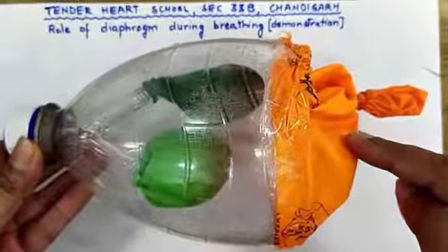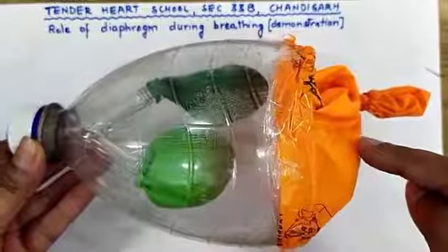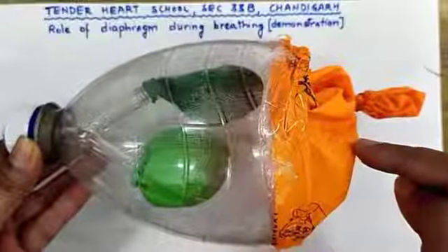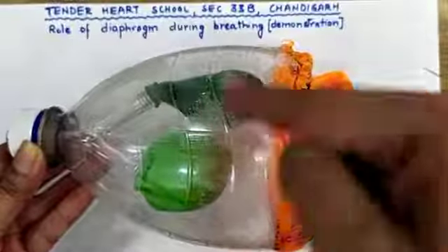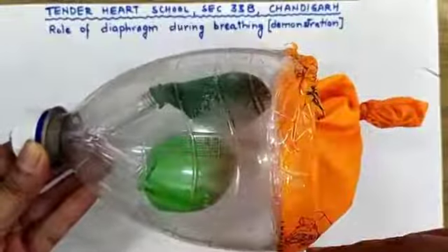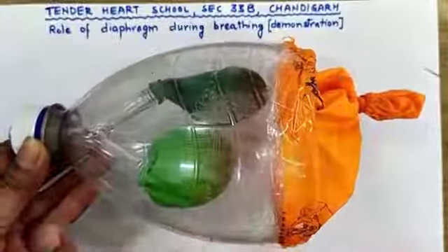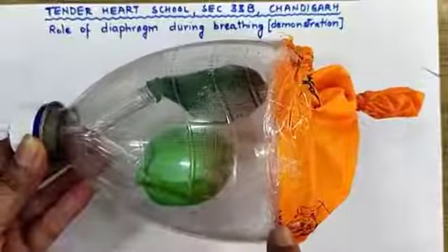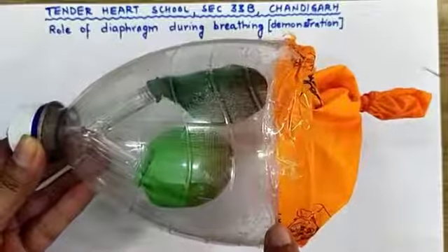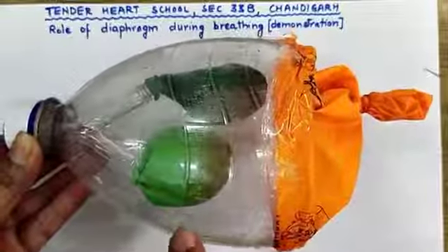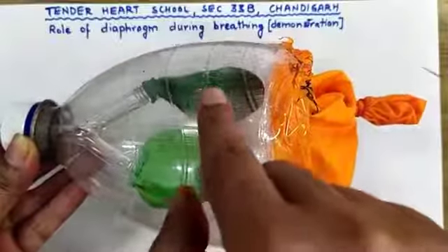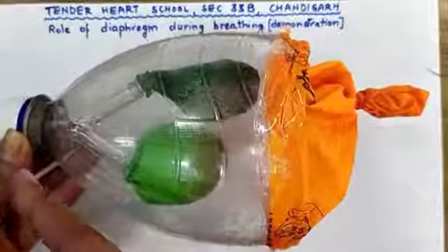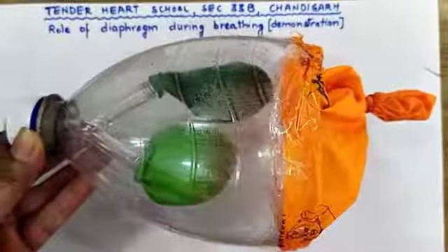This orange balloon, which is depicting the diaphragm, when it is dome shaped inside, then the cavity of the chest, that is the thoracic cavity, decreases in size, and hence all the air from the lungs, that is these green balloons, will be thrown out.